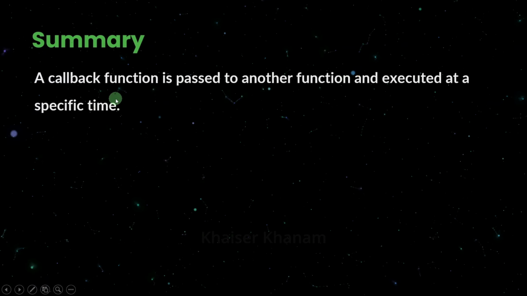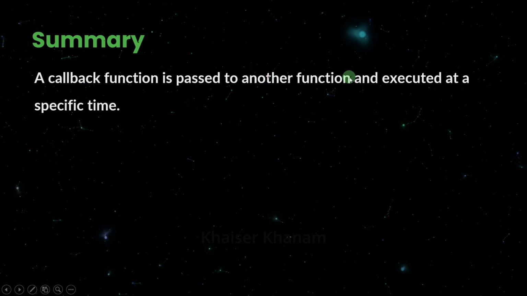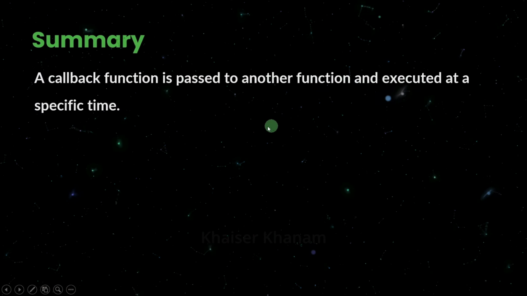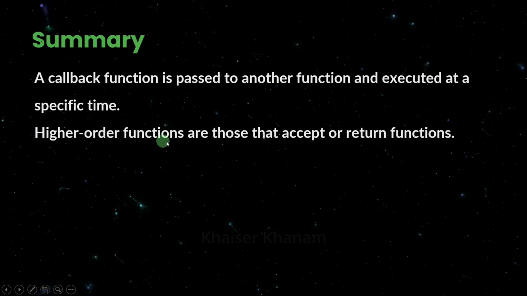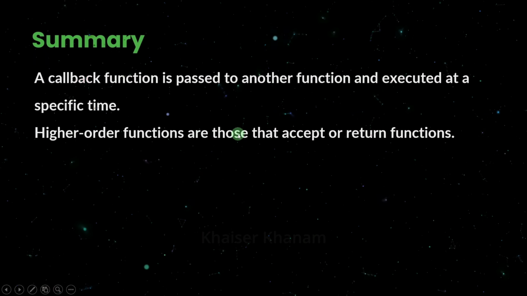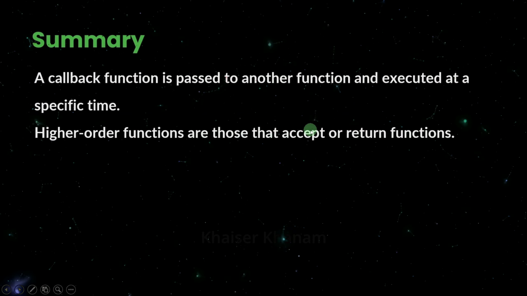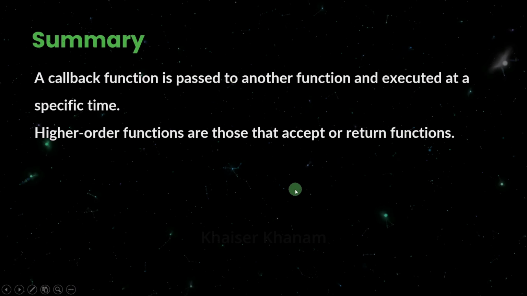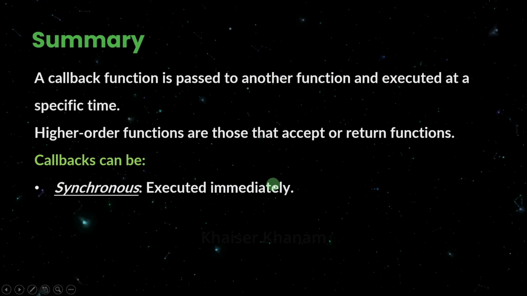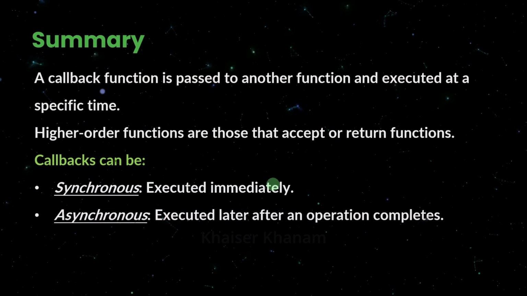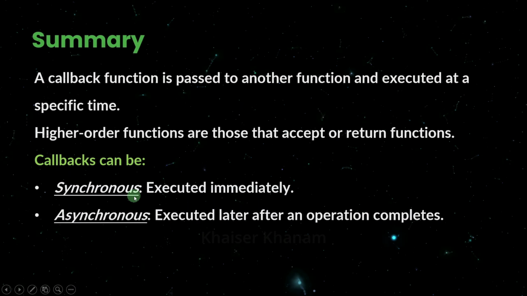So to summarize the points, callback function is a function which is passed to another function and it will be executed at specific time. And this higher order function are those functions that will be accepting function or they will be returning functions. And these callback functions can be either synchronous callback or asynchronous callback.